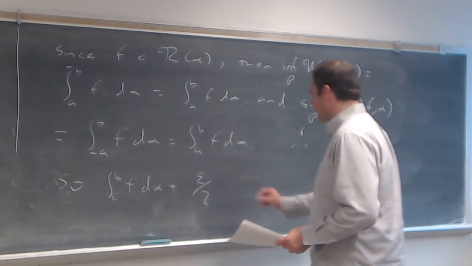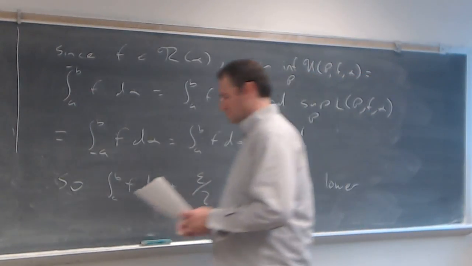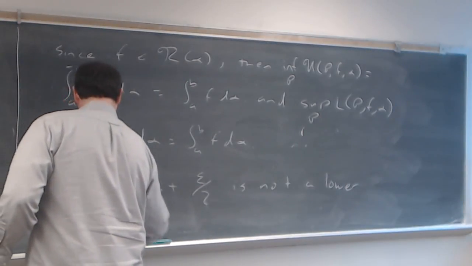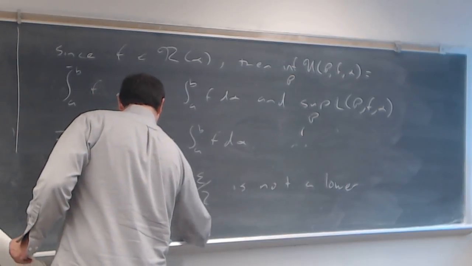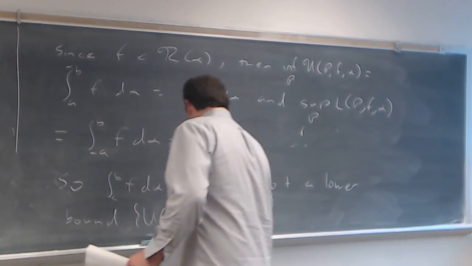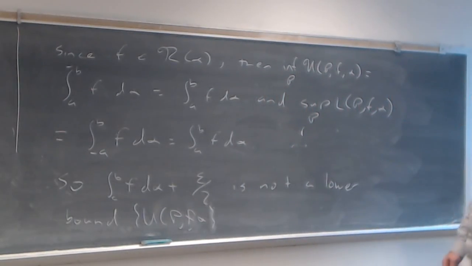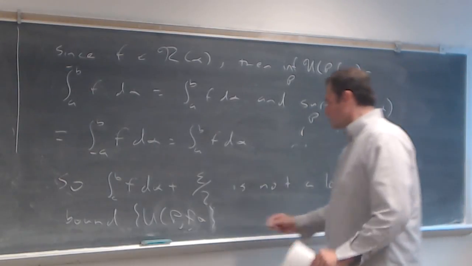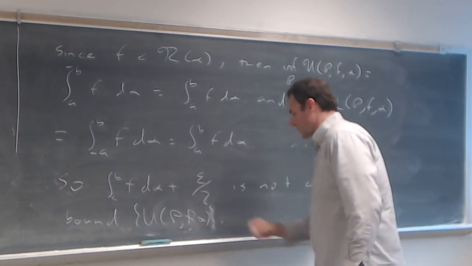And what we'll say is that it is not a lower bound for the set of all upper sums with respect to any partition of alpha. Okay? And that's over the possible partitions. That has to do with this infimum. This is a little bit bigger than the infimum, and so it can't be a lower bound. Okay? So what does it mean for this quantity not to be a lower bound?